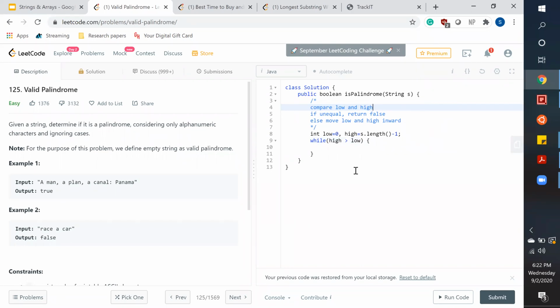Exactly, check for white space. Okay, someone suggested high is greater than or equal to low. We'll get back to this part later and discuss whether we want greater than or greater than or equal to. For now, let's just leave greater than or equal to. So we need to check for white spaces. How do you want me to check for a white space? What character do I check for a white space?